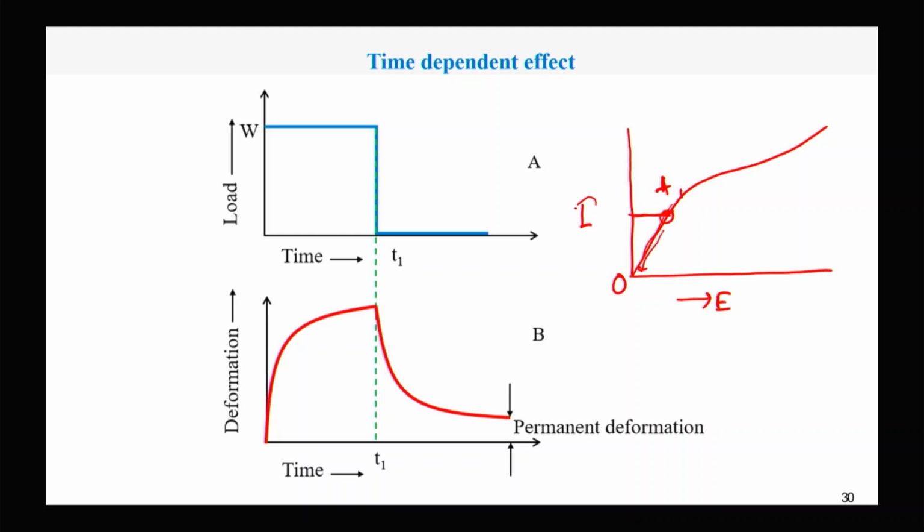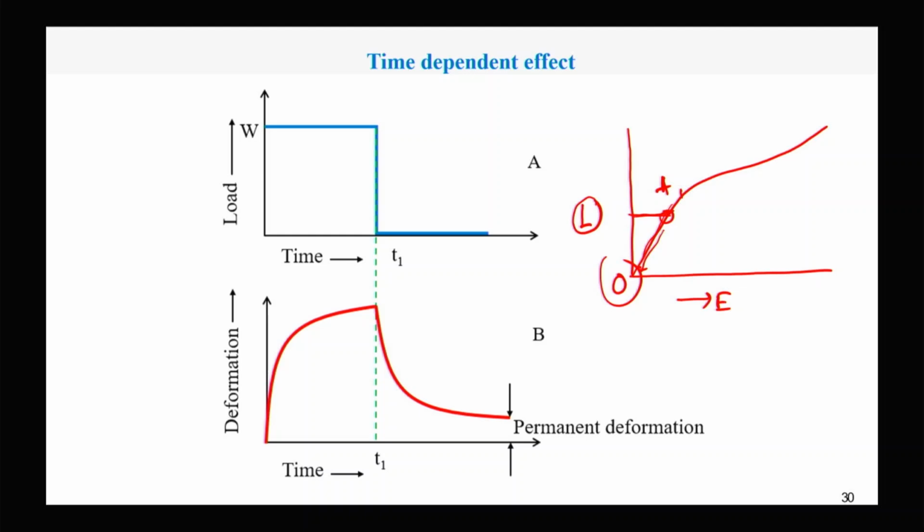That means we load it up to L and then relax it, and it should come back because it is within the Hooke's region.